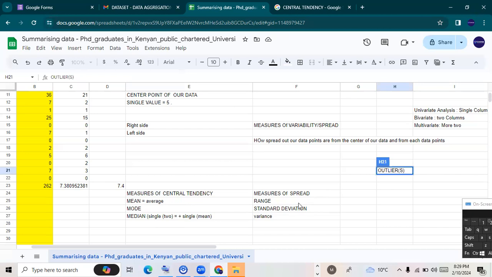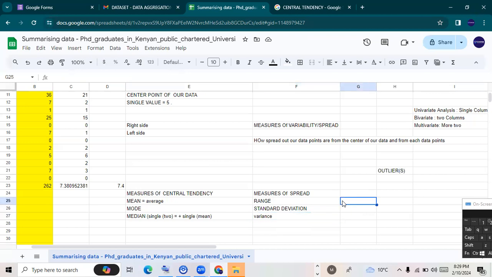These three things should come to mind: either you are going to look for your range, your standard deviation, or your variance. And knowing when to use the range is based on a factor. Knowing when to use the standard deviation is also based on a factor. And knowing when to use the variance is also based on a factor.